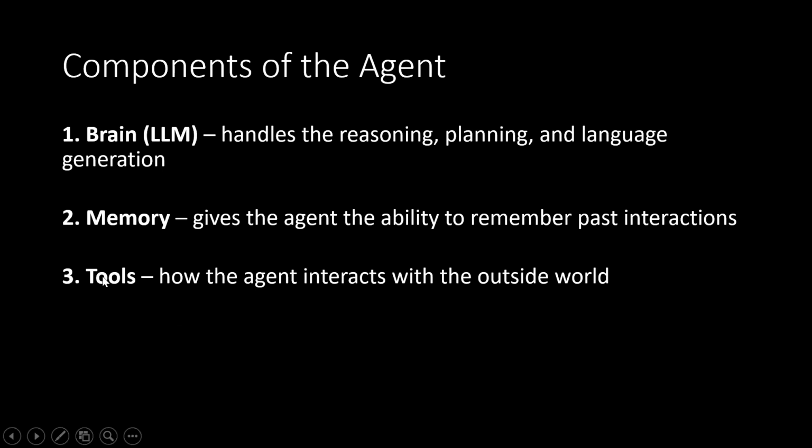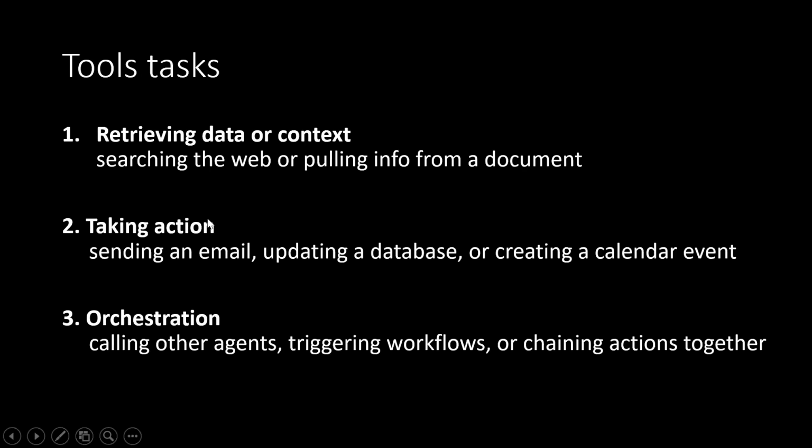There is a little bit more on the tools. What kind of tools are there? Retrieving data or context. Let's say even this RAG can be a particular tool. If I am designing an agentic application, RAG can also be part of it. These tools can retrieve data or context, searching the web or pulling info from a document or a database.